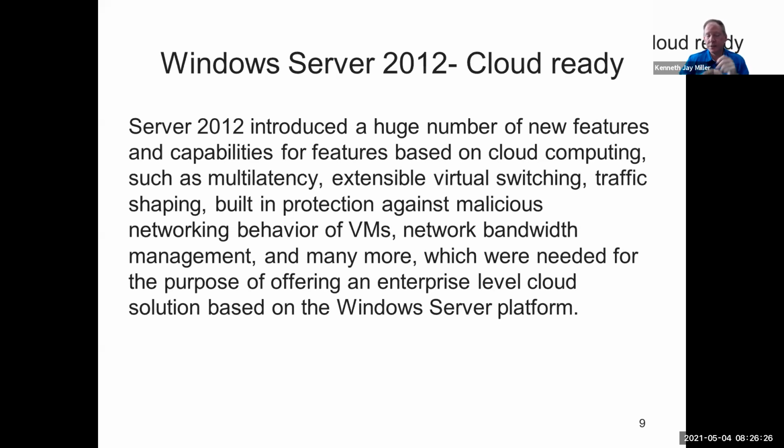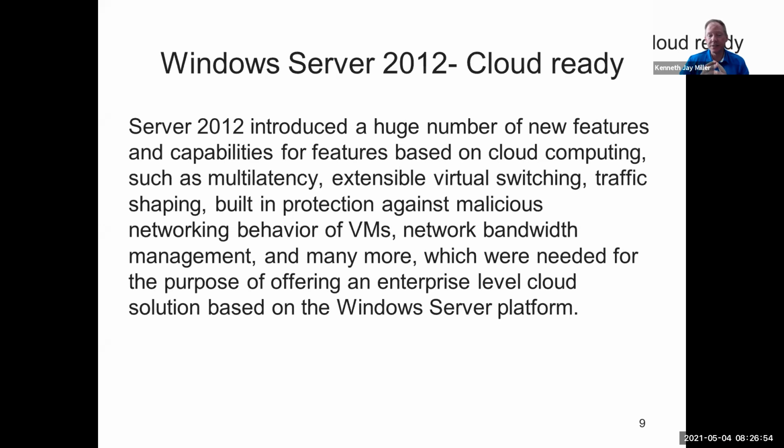So Server 2012 is where Microsoft kind of shifted and said, we're going to really move away from premise technologies to the cloud technologies. And we're going to blur it so it's really indistinguishable where it is, right? Where it is doesn't matter in the cloud. So it introduced a huge number of new features and capabilities based on cloud computing.